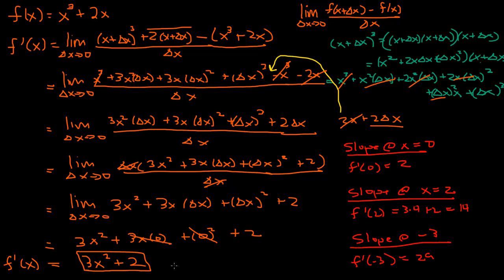So now we find this derivative function. We can find the slope of our original function at any point we want to, as long as the derivative function is defined. We can find the slope of any x value we wish. Okay, so this function we know is differentiable over the entire real number line because the derivative exists for all real numbers.